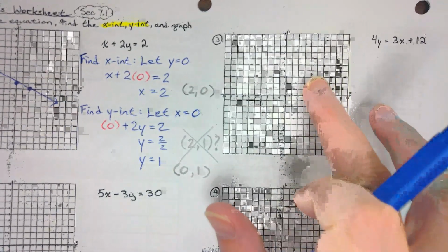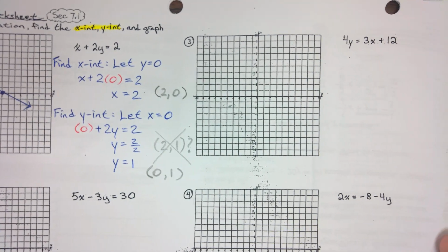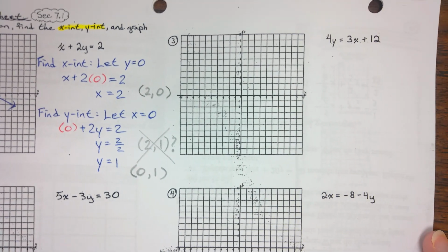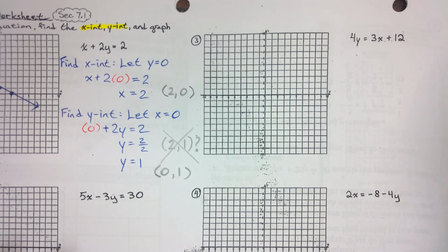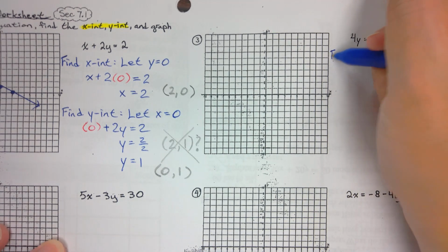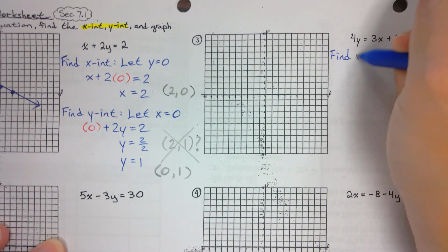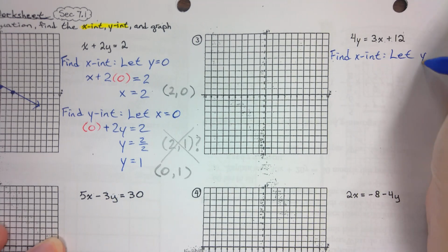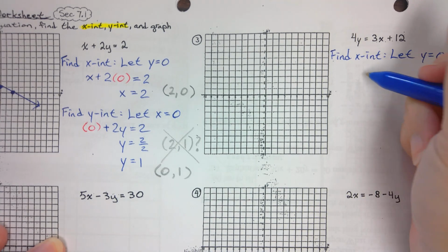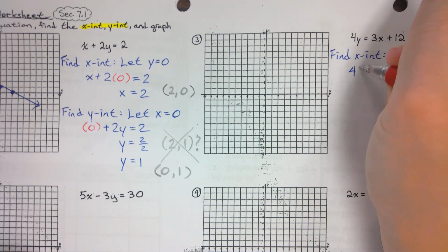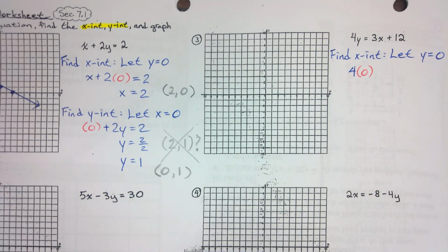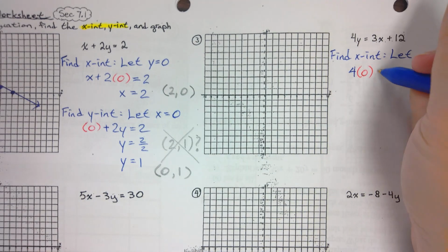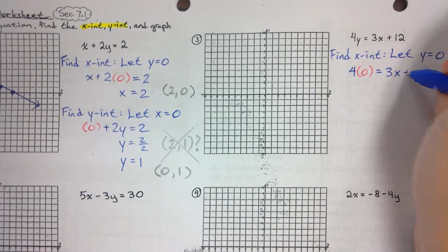Okay, let's go to 3. Same idea. To find the x-intercept, I'm going to let y equal 0. So 4 times 0 equals 3x plus 12.